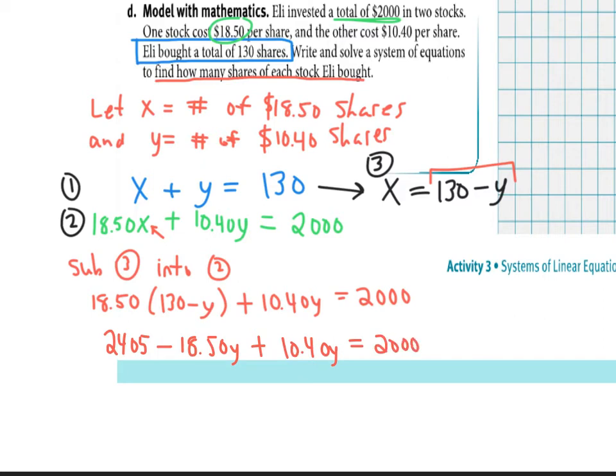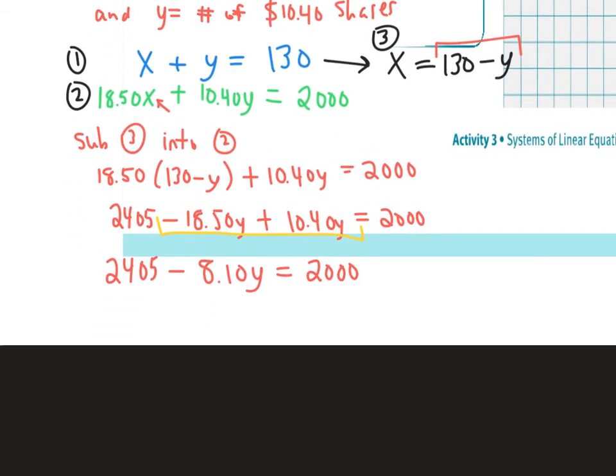Okay, now we can combine the like terms. Negative 18.50y plus 10.40y. Okay, those will combine. So we have the 2405. All I'm doing here is combining these two things to become minus 8.10y equals 2,000. Okay, then we're just going to solve this for y.